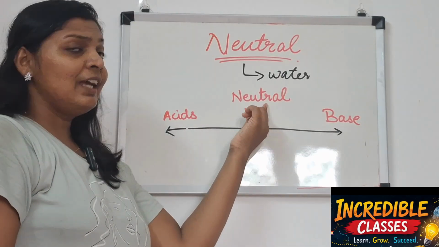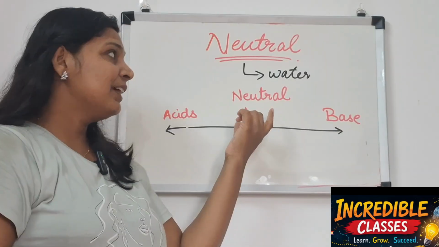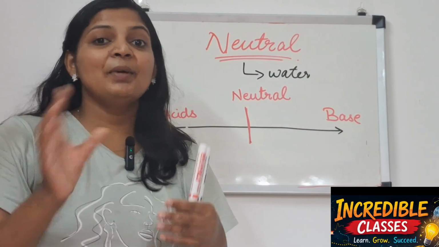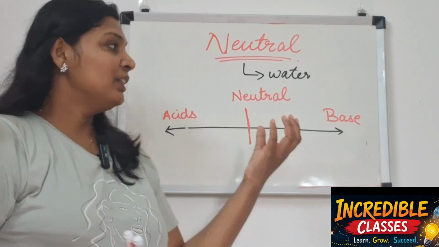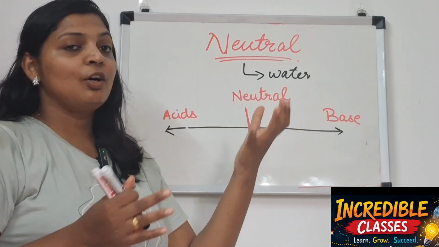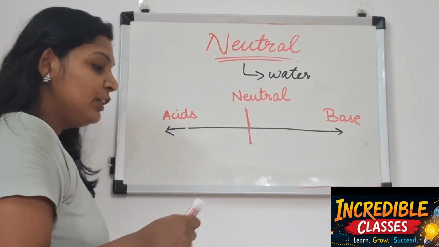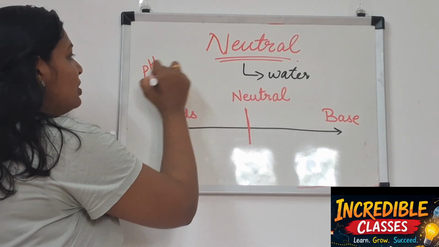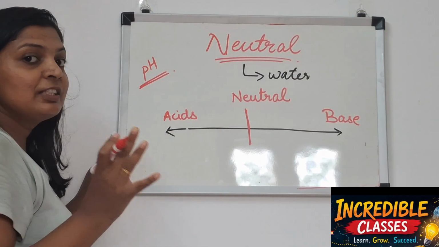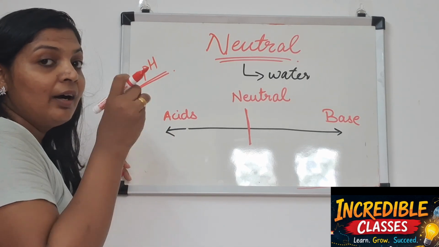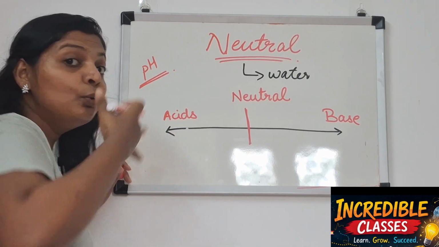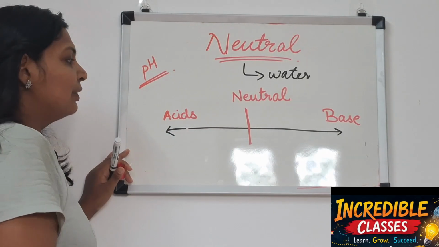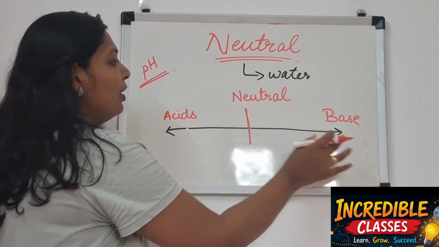So such types of substances we also have, and a great example is water. We can measure whether a substance is acid, base or neutral, and for that we can use pH paper. pH paper tells you how much acid the given substance is, strong acid or weak acid.